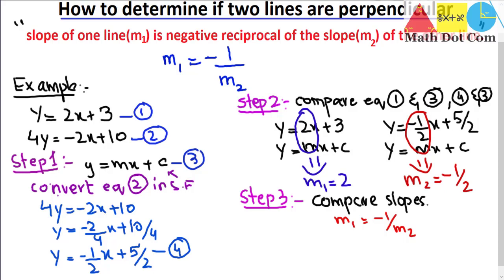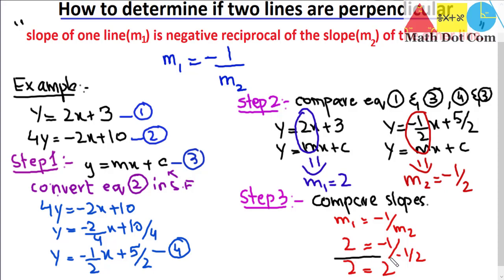So m1, which we found earlier, is 2. In step number 2, m2 is minus 1 by 2, so I'll put minus 1 by 2 instead of m2 in minus 1 divided by m2. So what I will get is 2 is equal to 2. So what does it mean?